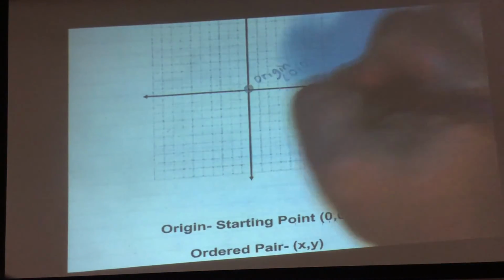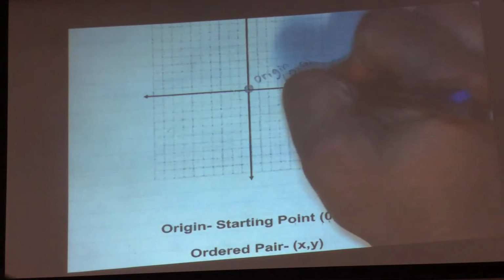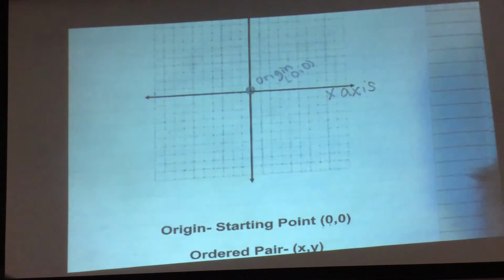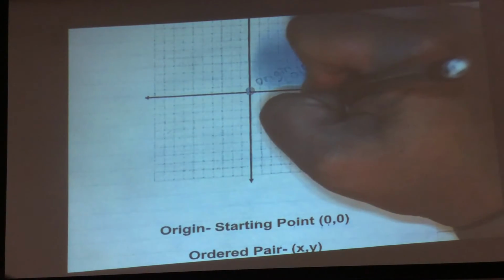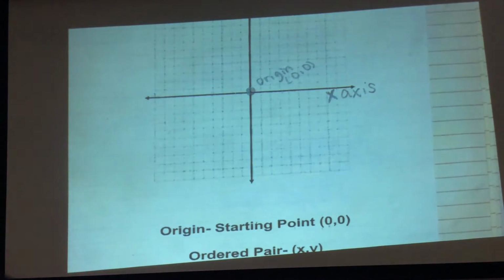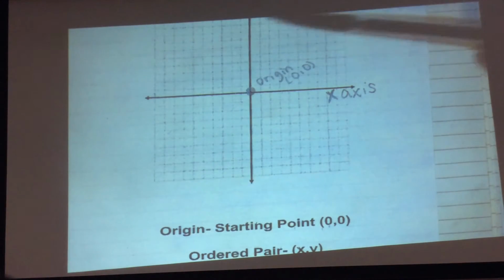So we're going to label this x-axis. Typically when I'm labeling them on a test, I'm just going to put x. For now, you can go ahead and put x-axis though.